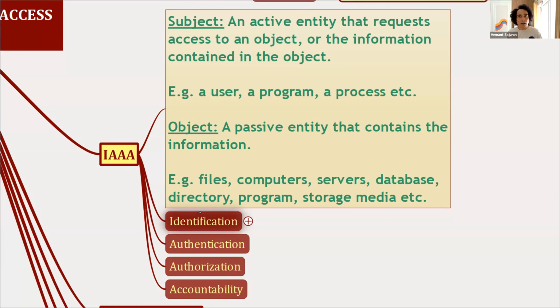Now, the thing to remember about identification is that the information that we provide during the identification process is not always a secret information. It can be a public information as well. It can be easily available to others as well. For example, if I'm trying to access an email server, I will have to enter some identification detail. For example, I may have to enter my username, my email address, or my account number or something else, which can be easily known by others as well.